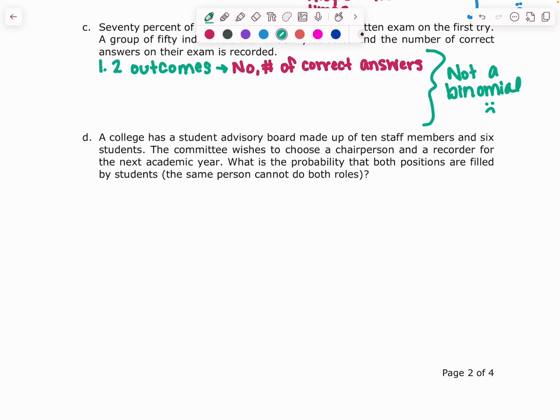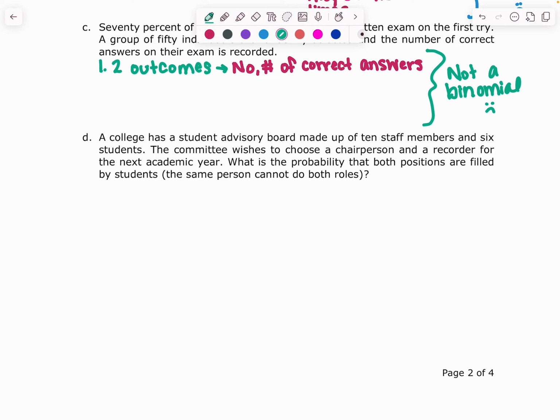So for this one, I want you to take a minute and see if you can come up with the answer. I'm just going to give you a minute to look through this one before I start going through the answer.